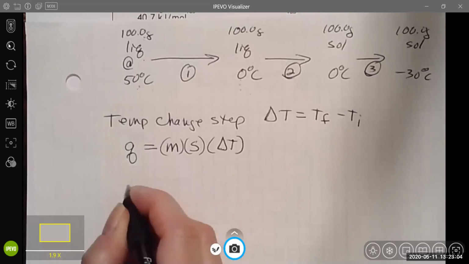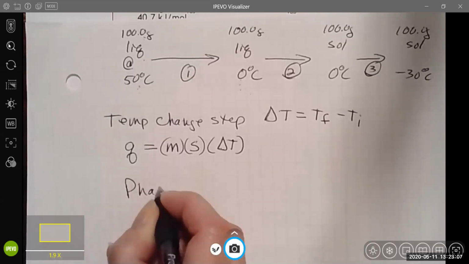Now, the other kind of step we could have is a phase change.